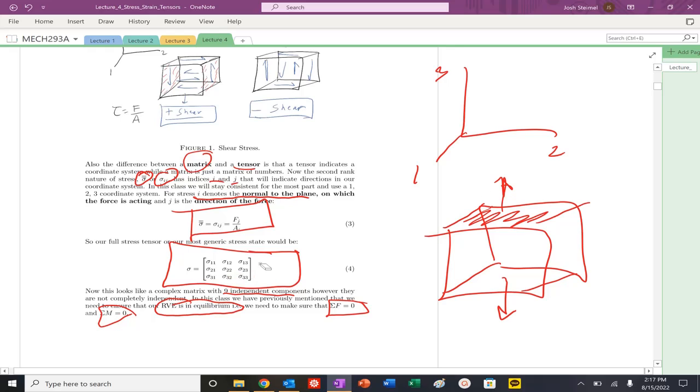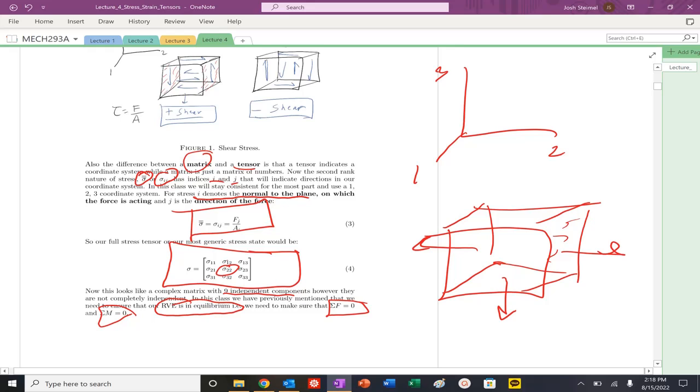If I pull like this, so j, the direction of the force, is in the 2 direction, and the area is also in the 2 direction, it'd be this. All right, what if I do a stress like this?